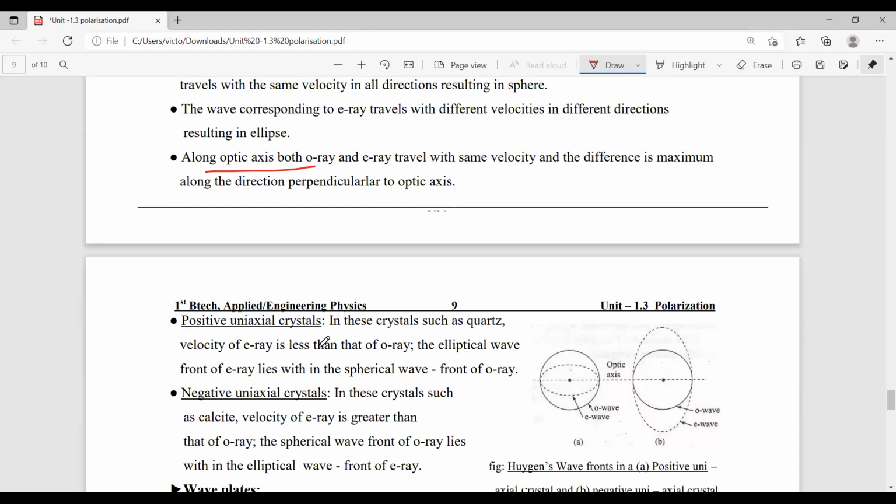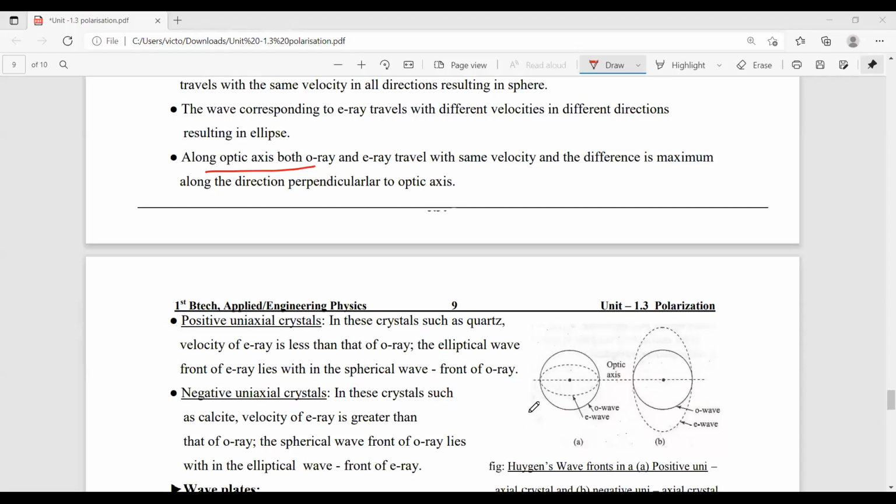Crystals having two optic axes are called biaxial crystals. But here we discuss only positive and negative uniaxial crystals. First we discuss the positive uniaxial crystal.